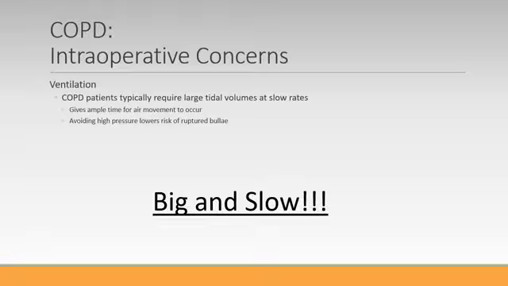If we have them breathing at too quick a rate, and once again, this is for patients that are intubated, what can happen is we can start to get a buildup or retention of air, and the patient's lungs can actually start to blow up, kind of like a balloon, and that can lead to really high pressures in the lungs. And once again, not only is that bad from an air retention standpoint, but that can also lead to a rupture of some of the bulla or the damaged septa alveolar structures. They can kind of pop.